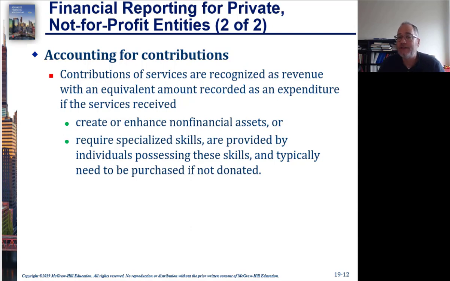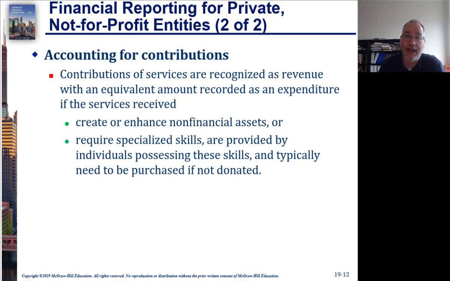So for example, if a doctor agrees to do work in your hospital for free, that would actually be recorded as a contribution. On the other hand, if a high school student came into the hospital to volunteer and to help, talk to patients and, sort of be a gopher and bring coffee to people and things like that, which people sometimes do in a hospital, that would not be a contribution because it doesn't require specialized services.